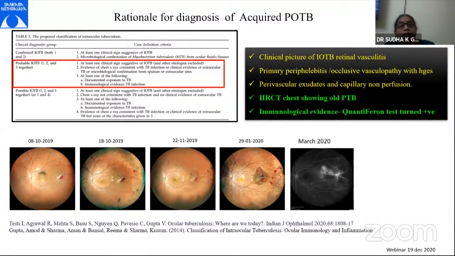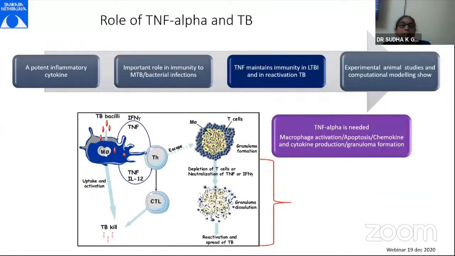The rationale for our diagnosis was that the patient had a clinical picture of IOTB with a primary periphlebitis. He had perivascular exudates and capillary non-perfusion. His HRCT chest, the recent one in March, showed evidence of an old pulmonary tuberculosis. And the immunological evidence that we had was that the patient turned QuantiFERON positive. So these were some of the positives that made us think of tuberculosis.